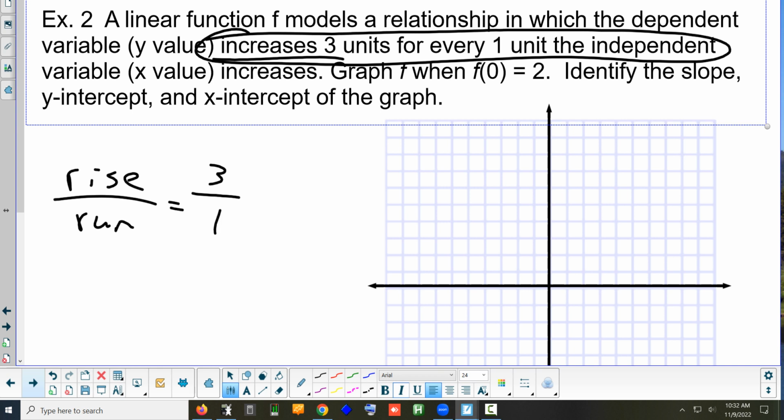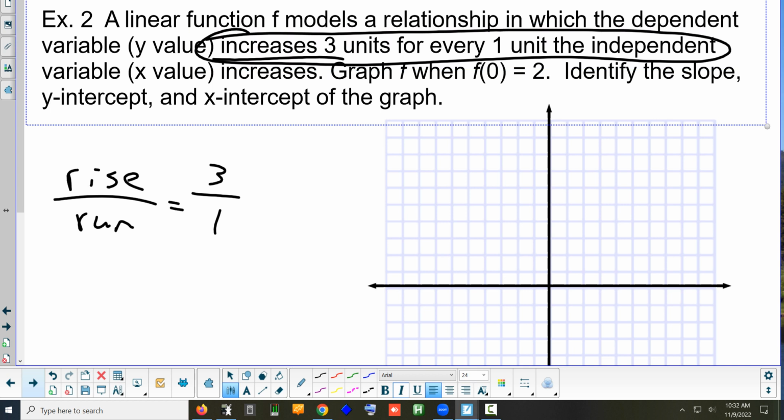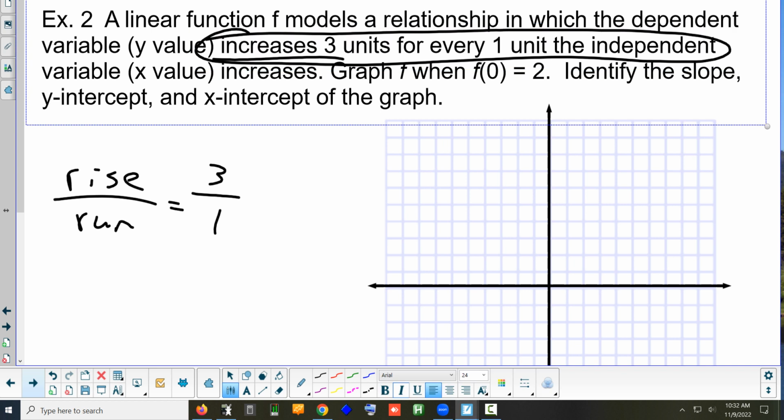So these two numbers are your rise and your run when you see it worded that way. The number with the y value is the rise. The number that is with the x value, they call it the independent variable, but then I put in parentheses x, so you know which one it is. The number with the x is the 1. So we've got our slope.